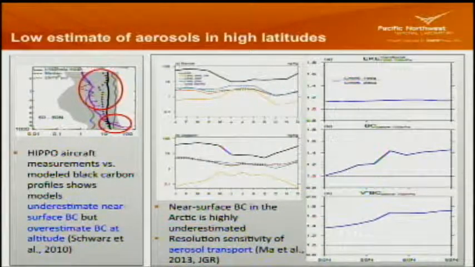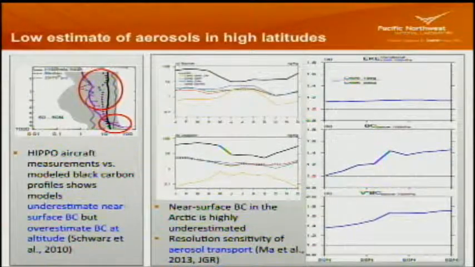Phil gave the introduction, so I can go through these first few slides pretty quickly. Currently in the global climate model, we have several known biases in terms of aerosol and aerosol forcing and aerosol distribution. The first one is in this plot.